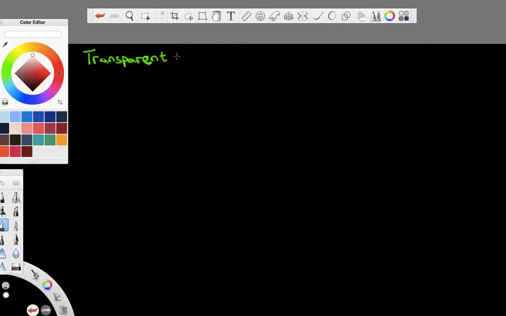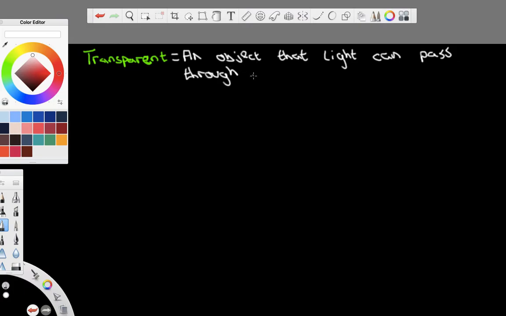So we can say an object that light can pass through easily without much of the light being absorbed.